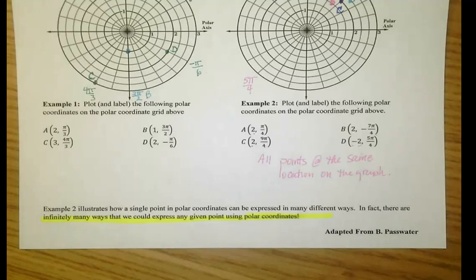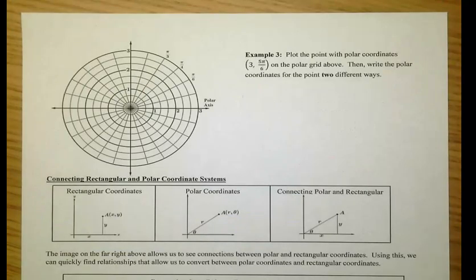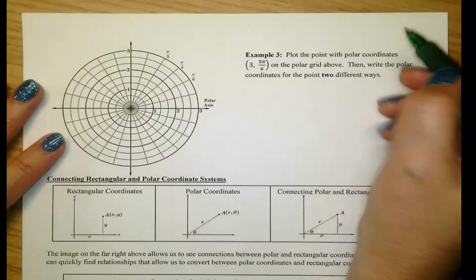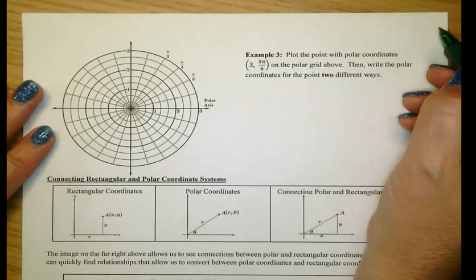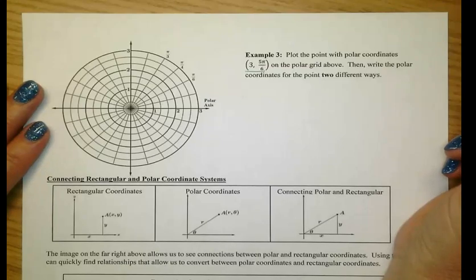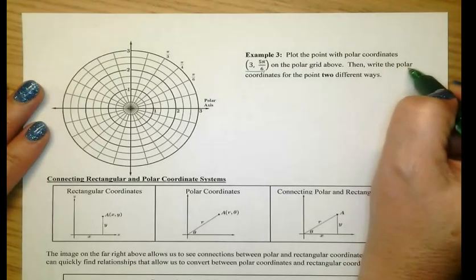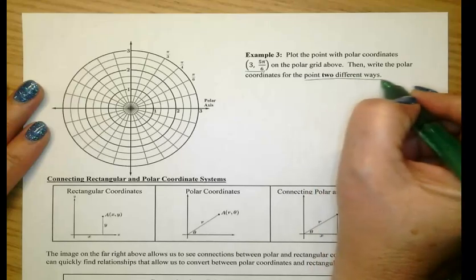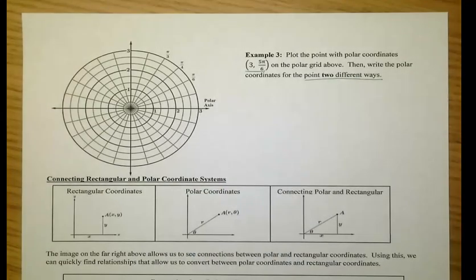All right, so let's look at the next one. So in example 3, we're going to plot the point with this polar coordinate right here on the grid above, and then we're going to write that polar coordinate in at least 2 different ways. And we're actually going to do 3 different ways just so you can see all the possibilities.